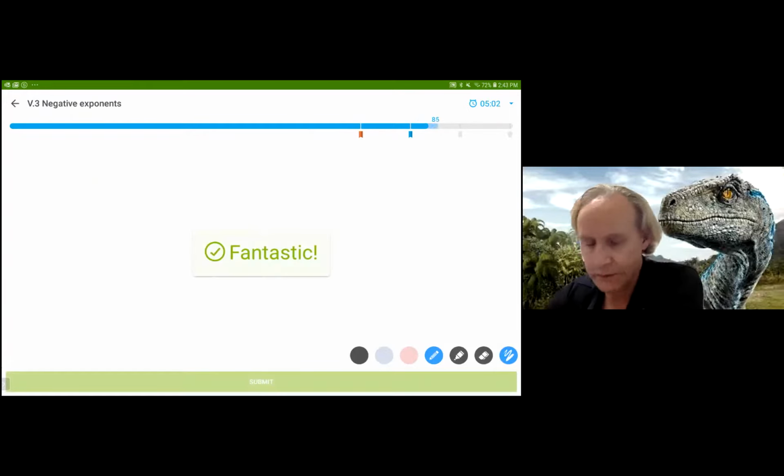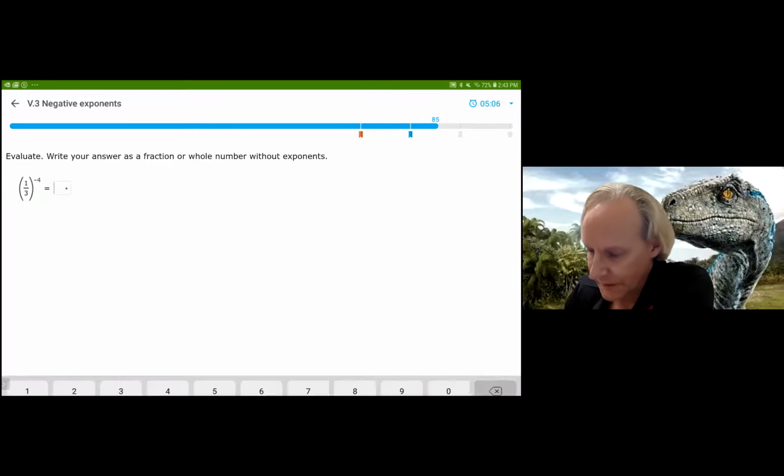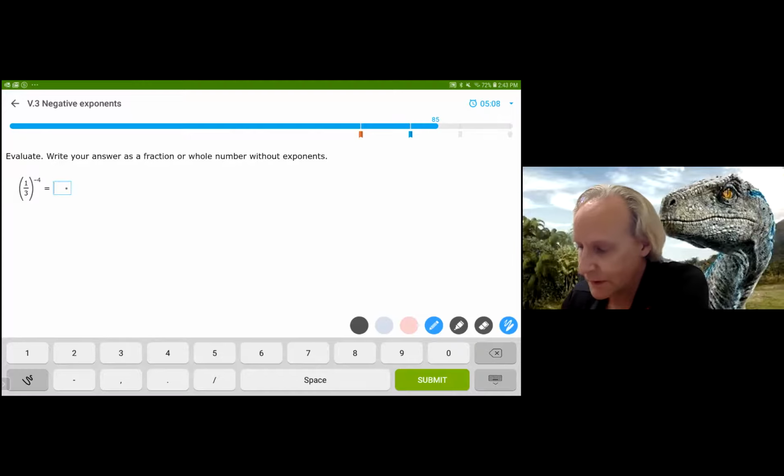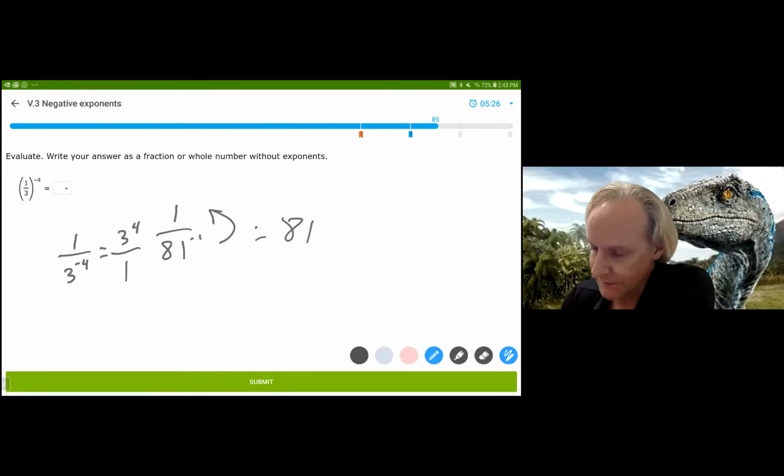Come on, there we go. Okay, 1 over 81 again. Oh no, I'm sorry. It would be 1 over 81, but it's 81 to the negative 1, which moves it across the division line, so it's 81. One way to think of it is that this is 1 over 3 to the negative 4, and if we move it to the numerator, we get rid of the negative, so it's 81.